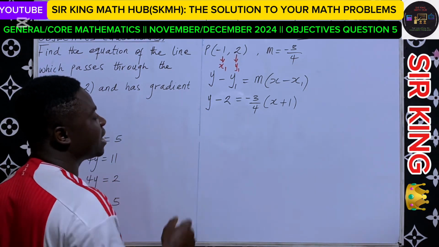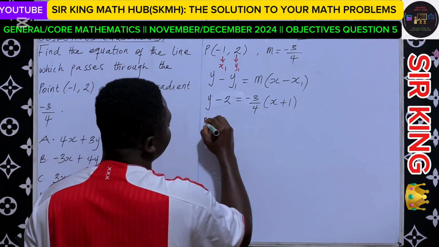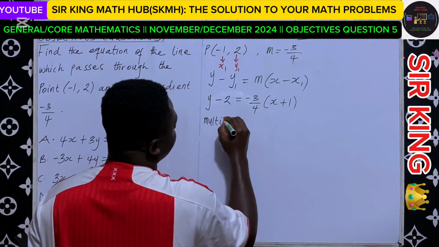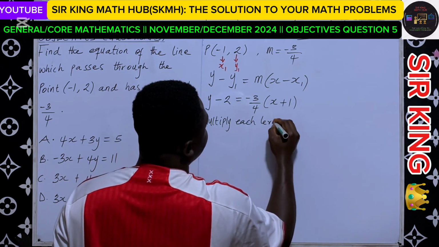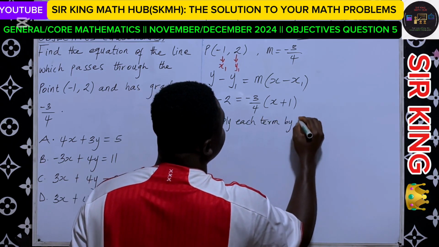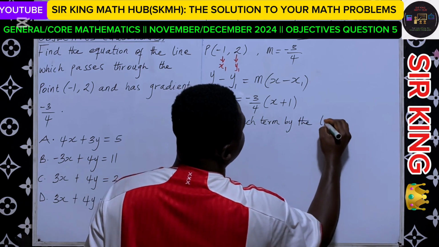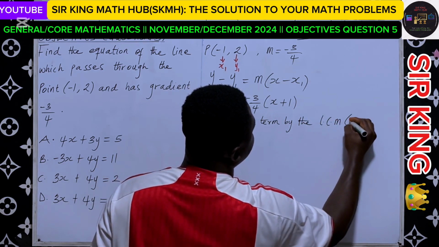Now we know the LCM here is 4, so we have to multiply each term by the LCM, and we know the LCM here as 4.